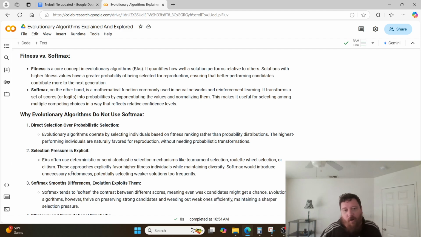Neural networks are heavily dependent on the softmax function. So what's the difference between these two? Fitness is a core concept in evolutionary algorithms, and it quantifies how well a solution performs relative to others. Solutions with higher fitness values have a greater probability of being selected for reproduction, ensuring that better performing candidates contribute more to the next generation.